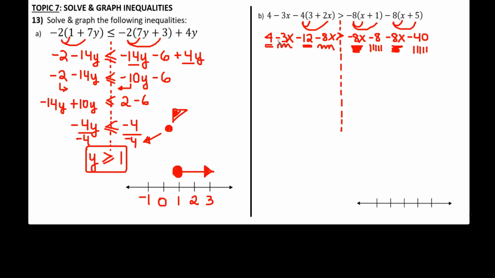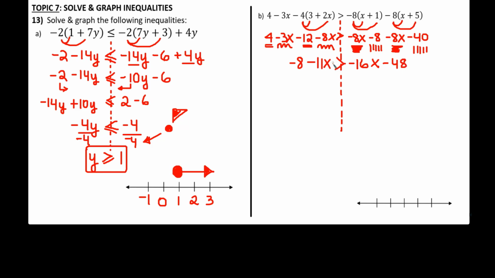All right, let's do the calculations. 4 minus 12 is negative 8. Negative 3 minus 8 is negative 11x. Greater than negative 8 minus 8 is negative 16x. Negative 8 minus 40 is negative 48.